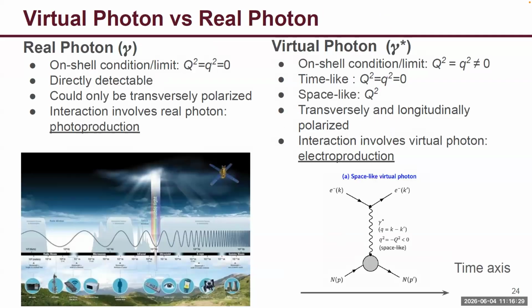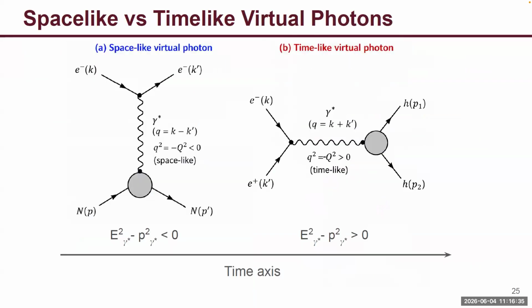Of course, the time axis is such, and here is an example of such an interaction. So here is a diagram for our virtual photon exchange for the time-like and the space-like interaction. Here we have the time direction. For the space-like virtual photon, the direction of propagation is directly perpendicular to the time axis.